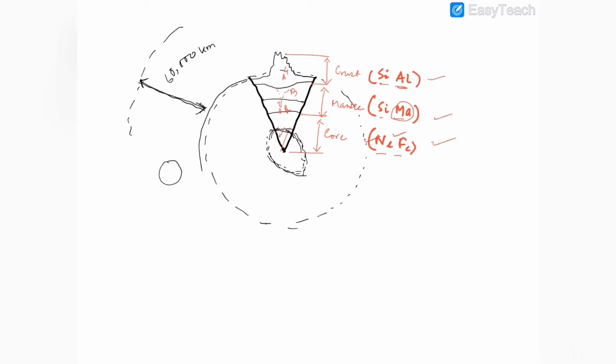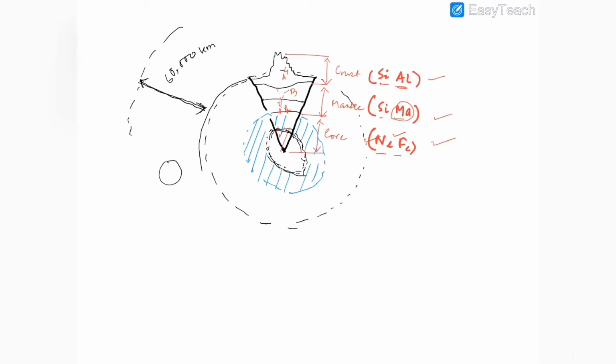Now, as we've already noticed, the core and the mantle are made up of different ferromagnetic rocks and minerals like silicates, olivine, etc. And because of the liquid outer core, we all know that this outer core is liquid in nature.